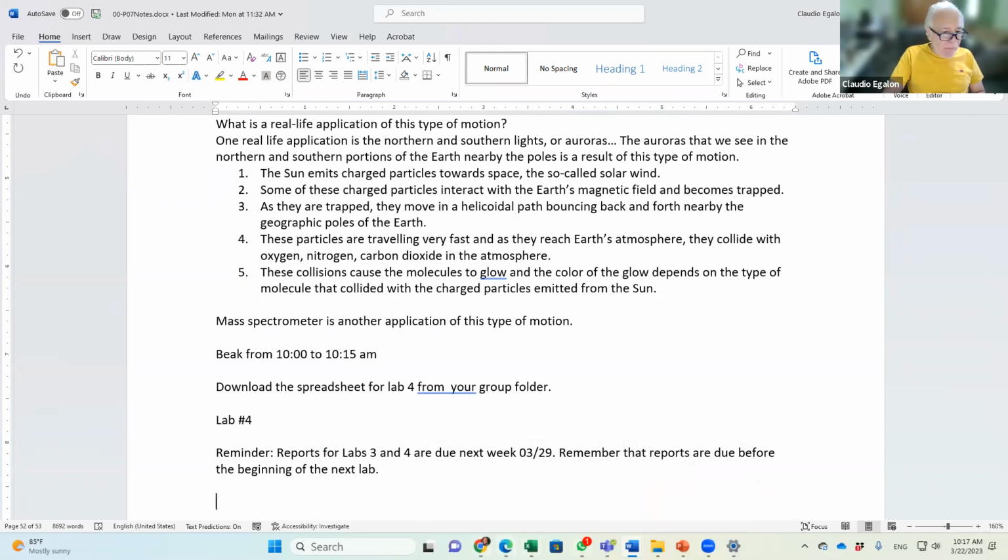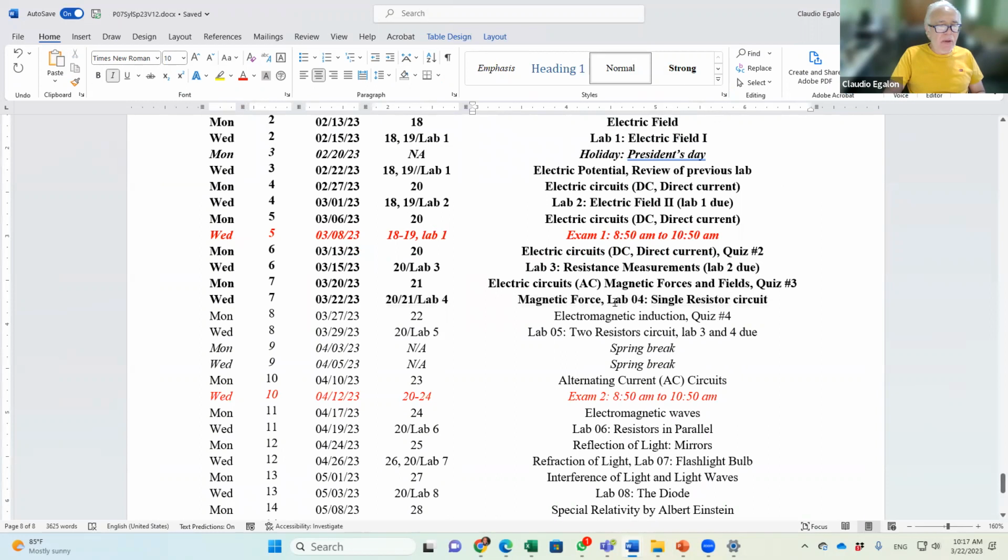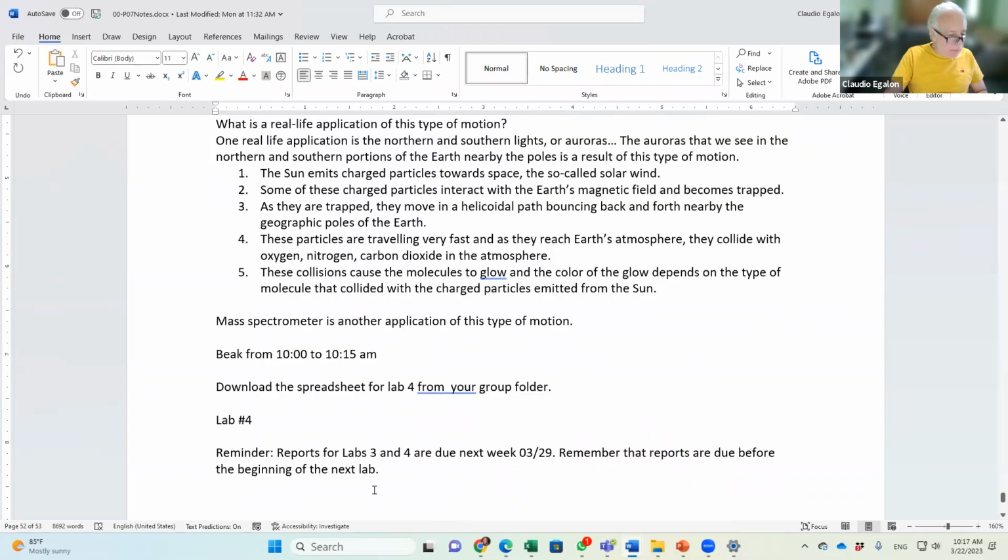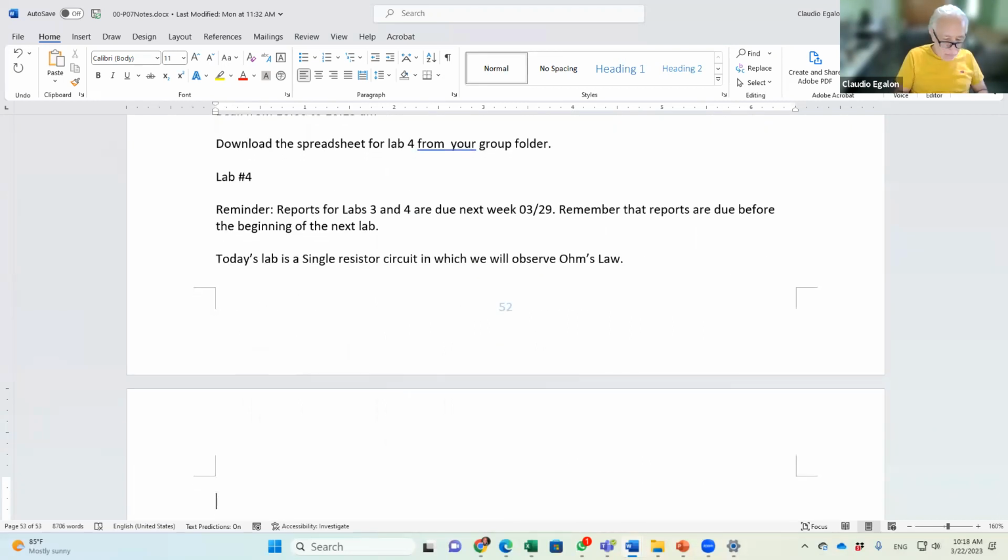Today's lab is single resistor circuit, in which we will observe Ohm's law. Please download your spreadsheet from your group folder.